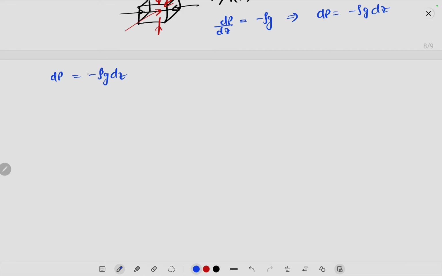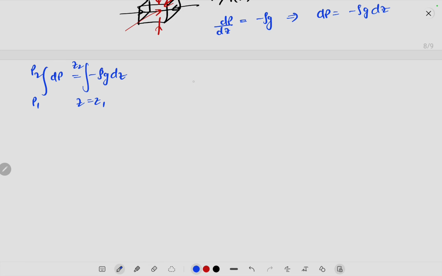Now if I integrate from z equal to z1 to z equal to z2, and let the pressure values at z equal to z1 be p1 and at z equal to z2 be p2, then I can get an expression of p as a function of z.